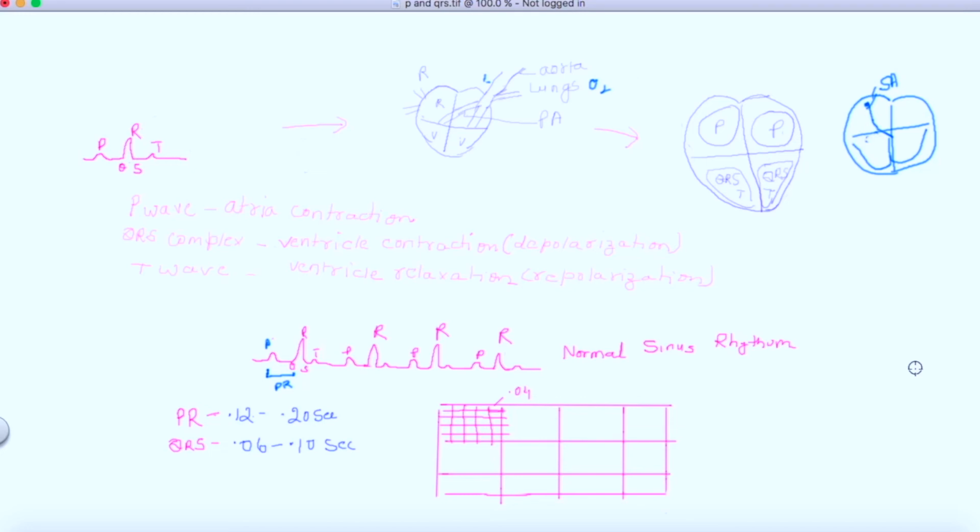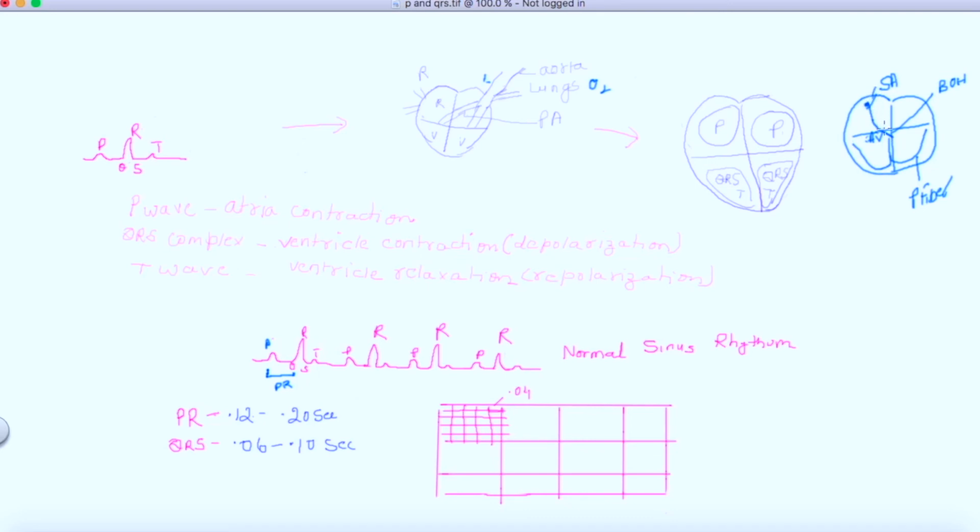This is the AV node: SA node, AV node, bundle of His, and I have it in my other video also, bundle of His and Purkinje fibers. So this is the way the impulse starts in the heart, and it travels here and here.